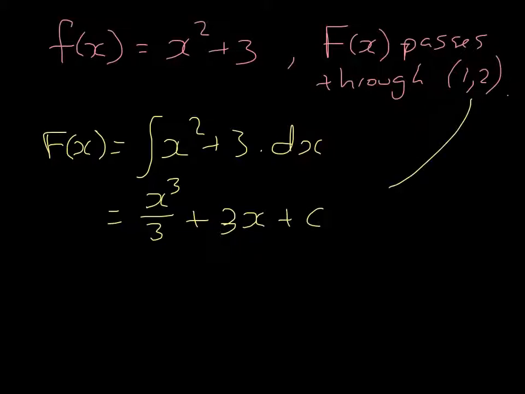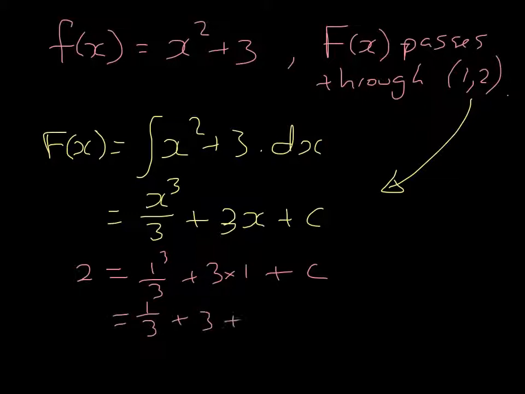But we now need to substitute this point in here. So 2 will be equal to 1 cubed over 3 plus 3 by 1 plus c. So that's equal to a third plus 3 plus c, which tells us that c will be equal to negative 1 1/3.